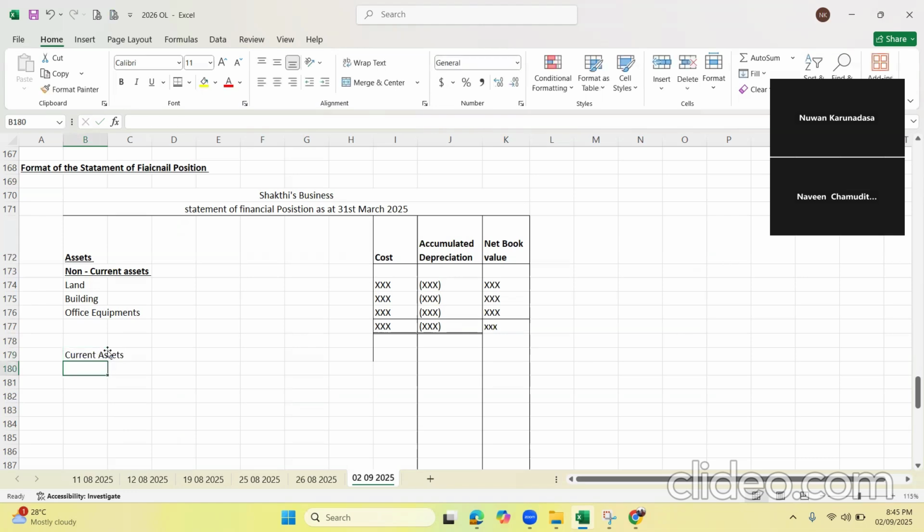Then you take the current assets. So current assets may be stocks or the inventories. We can say inventories. Then trade receivable, or we call it debtors. Same names. Then prepayments. All are assets for us. Stocks is an asset, debtors are assets, prepayments are assets.